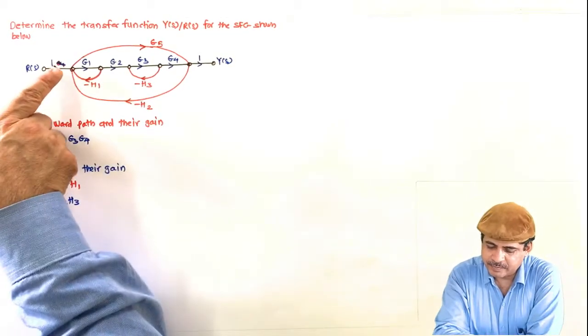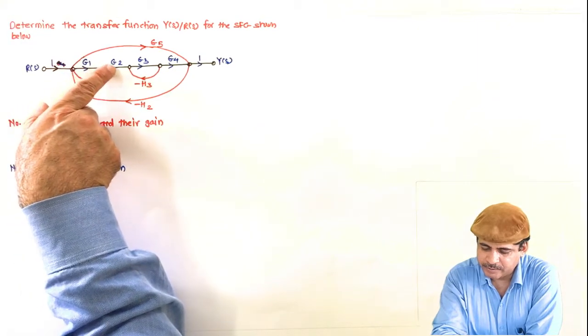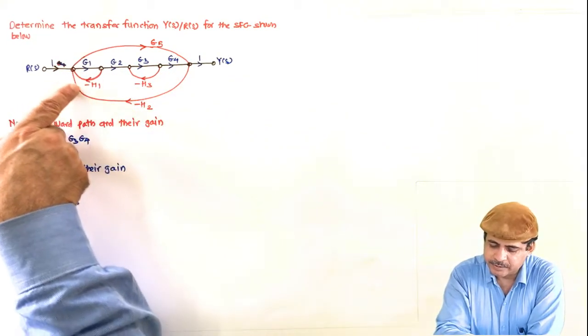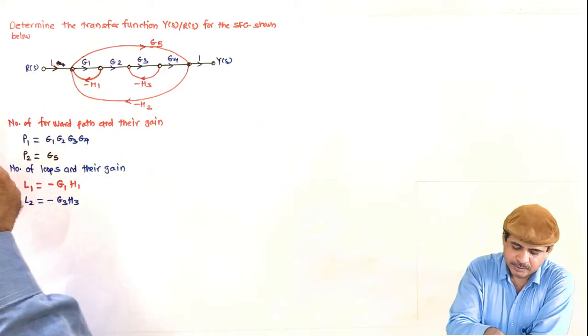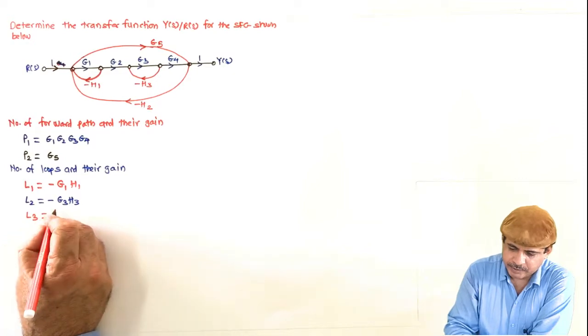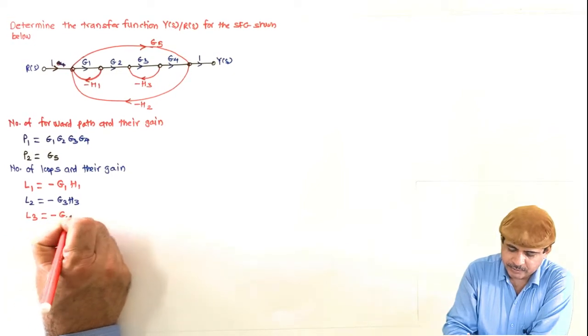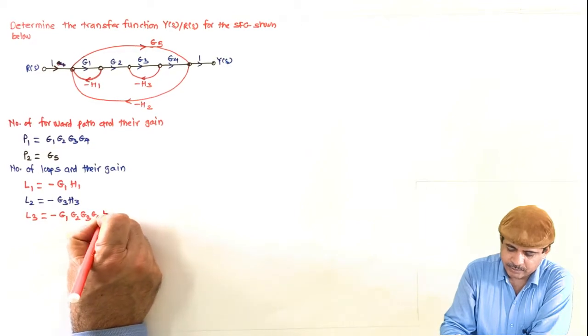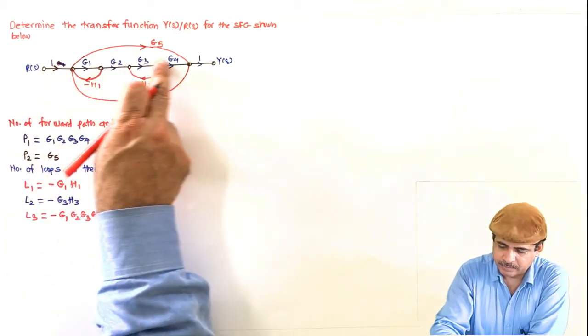Then check again, starting from this point. Yes, this is a loop. So L3 is there with minus G1, G2, G3, G4, H2.